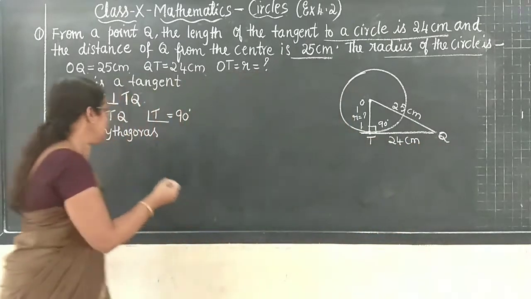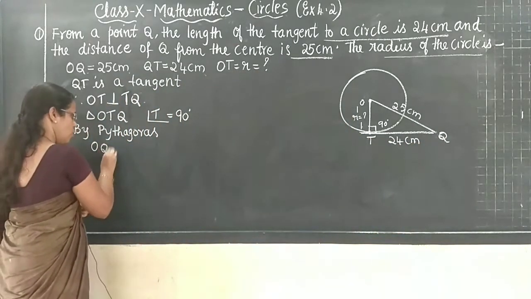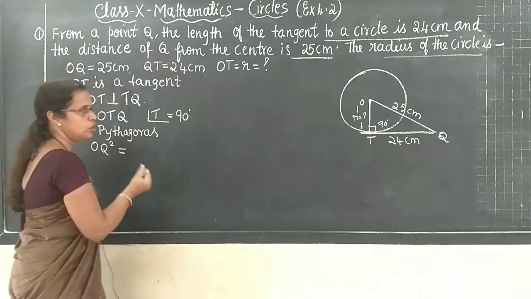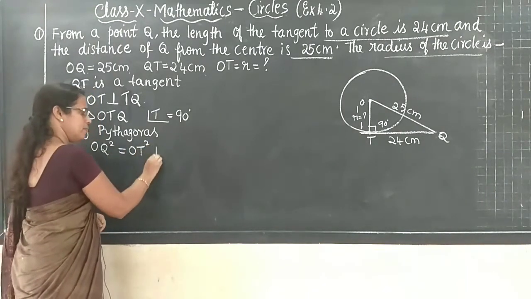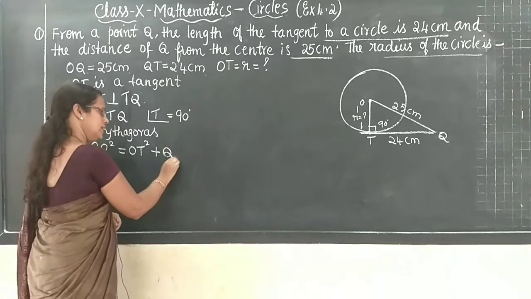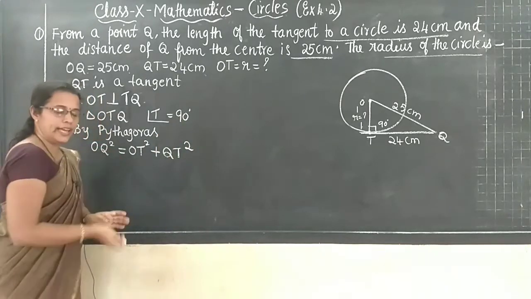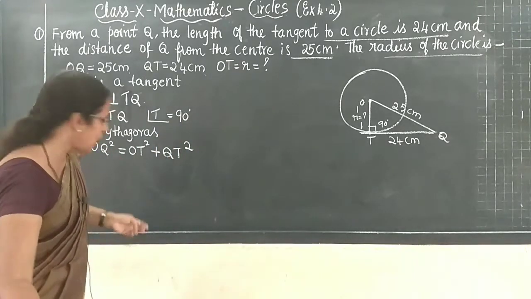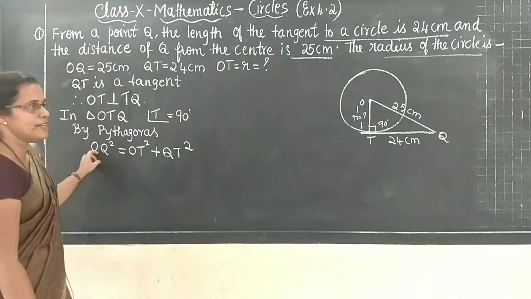So OQ square is equal to OT square plus TQ or QT square. Now find the radius through this Pythagoras theorem. OQ is how much, children?